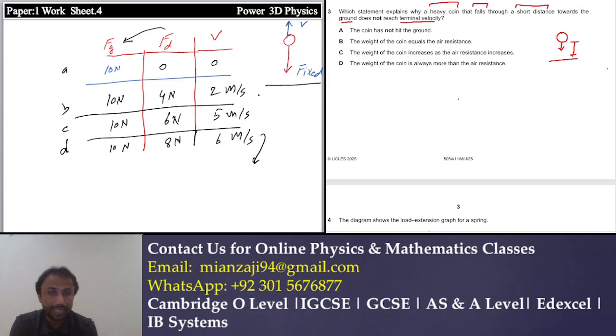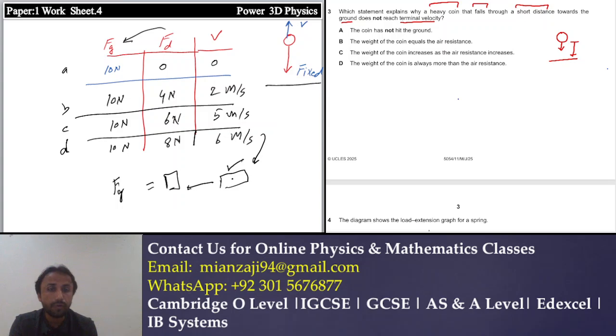If velocity reaches a particular value, this makes this force equal to this weight force. It means we require this velocity.